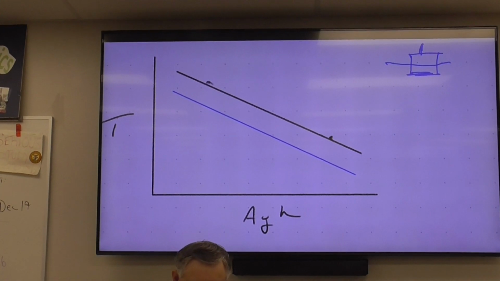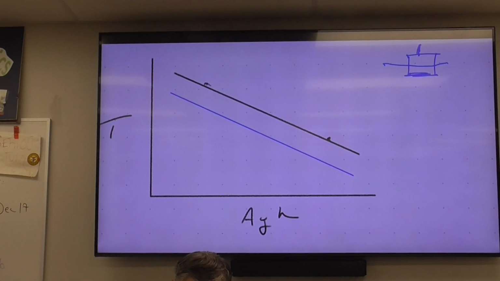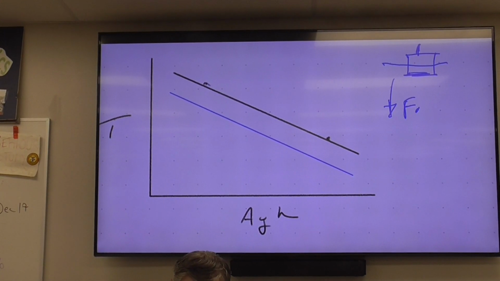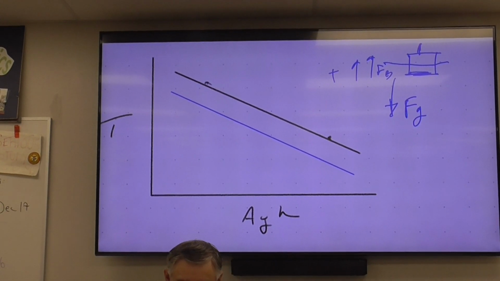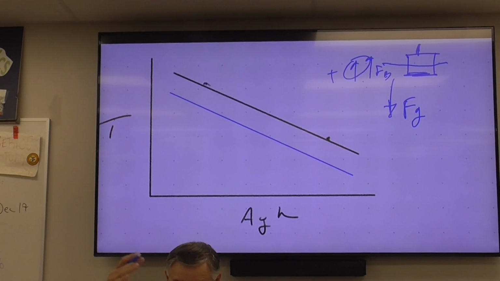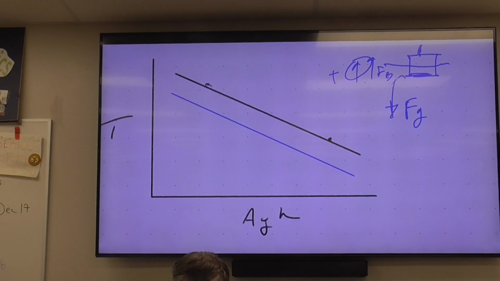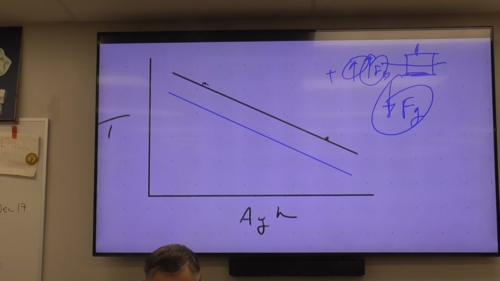On any of these problems, one of the main things you need to understand is that you have a balance between the gravitational force acting down, the buoyant force acting up, and the tension. Those three values, the tension, which you're going to measure, the gravitational force, which is a fixed value, and the buoyant force, all three have to add up to zero because the system's in equilibrium.